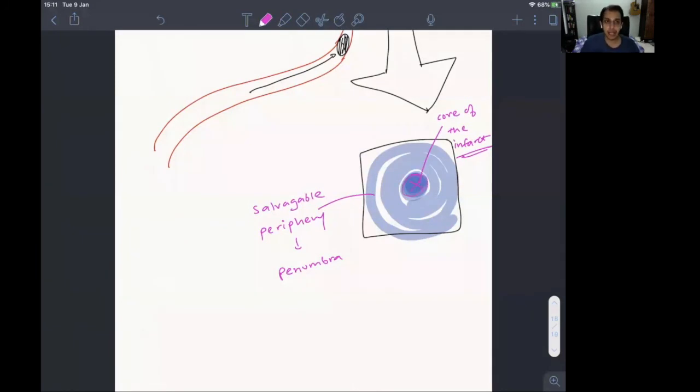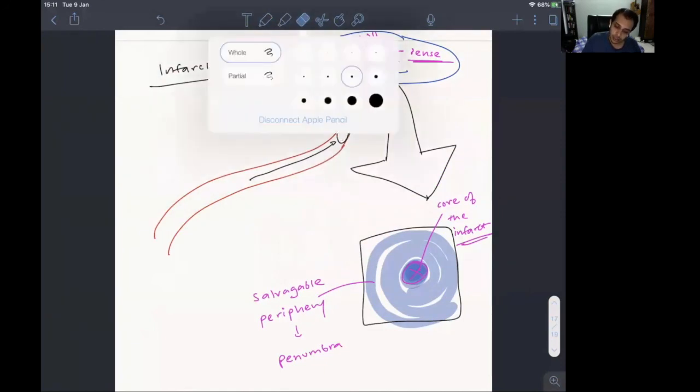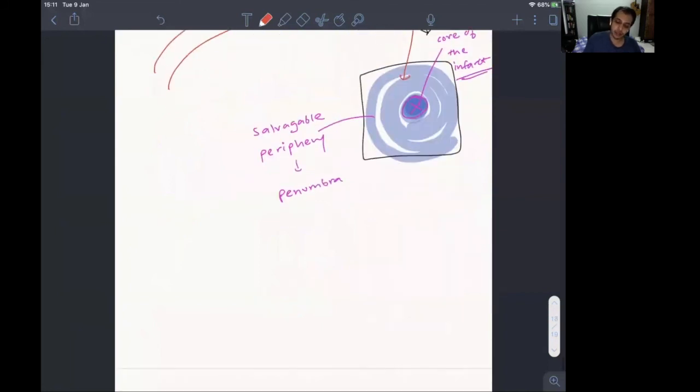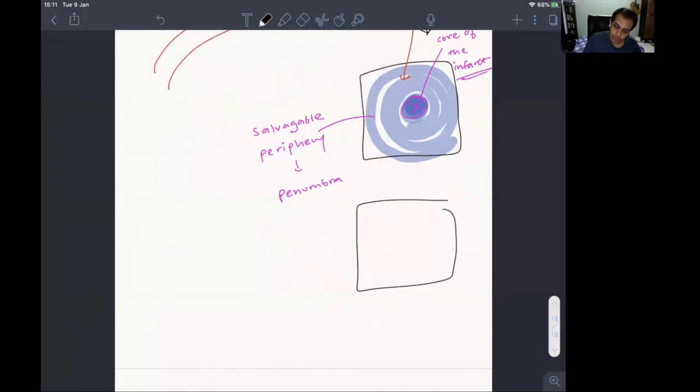But if you act quickly, and by acting quickly, what do I mean? That you somehow remove this clot and you somehow remove this blockage so that you can re-establish blood supply. So if there is blood supply, then you will finally end up with a lesion that is only so much.